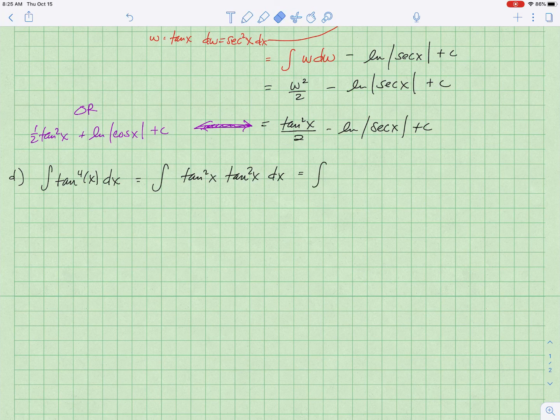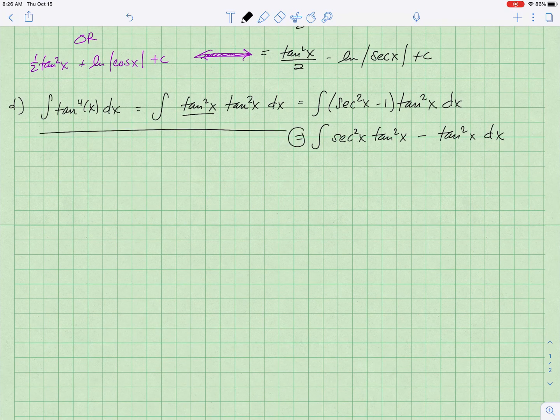Maybe that's misleading with the even technique. I'll use a Pythagorean identity on only one of these. This is secant squared x minus 1 times tangent squared x dx, which is the integral of secant squared tangent squared minus tangent squared x dx.